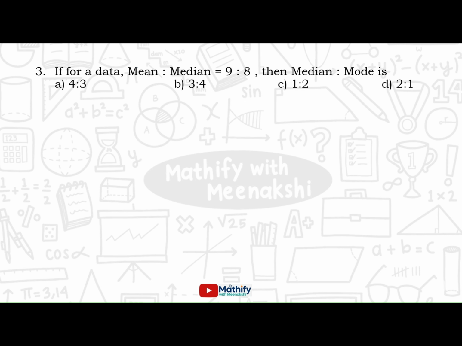If for a data the ratio of mean to median is 9 to 8, we have to find the ratio of median to mode. That means we can let mean as 9x and median as 8x. But we don't know anything about mode. So let's use the empirical formula again. Thrice of median is equal to twice of mean plus mode.